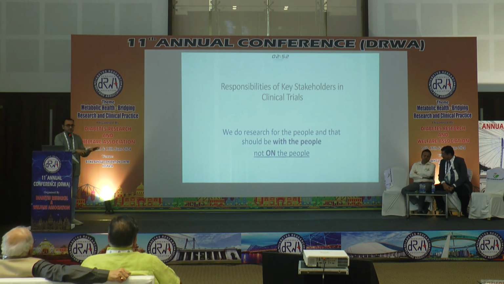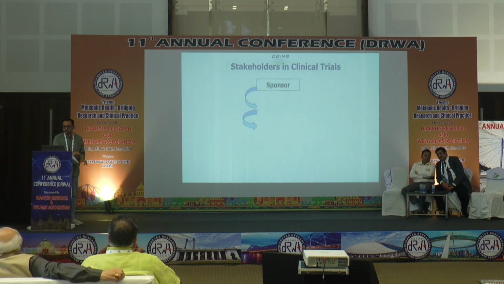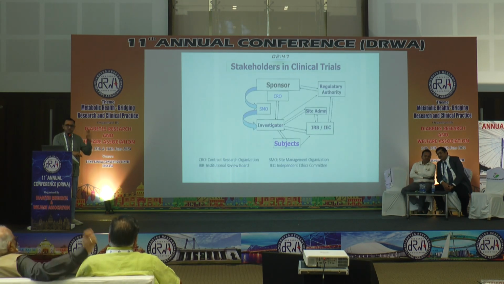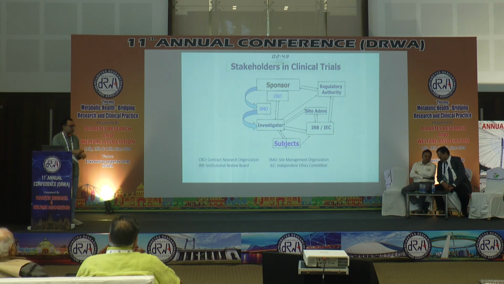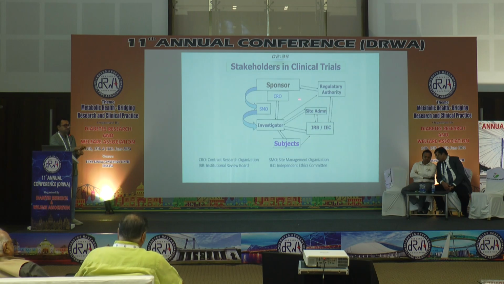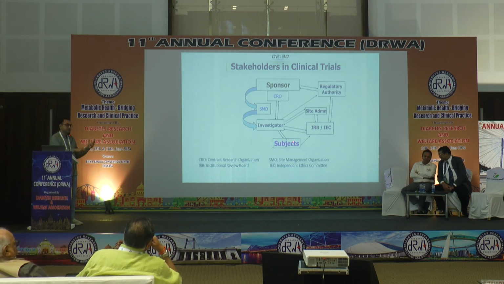They are not guinea pigs. In a nutshell, this is the relationship of stakeholders, starting from the sponsor. The sponsor decides who will be the investigator and talks with the regulatory authorities to get permission. There is a role of the site administrator, the principal or director of the institute, the institutional review board and ethics committee, and the subjects.